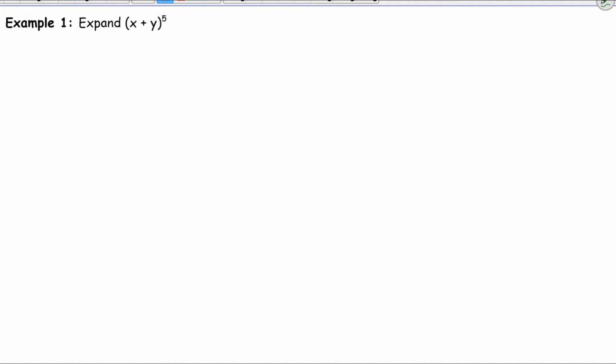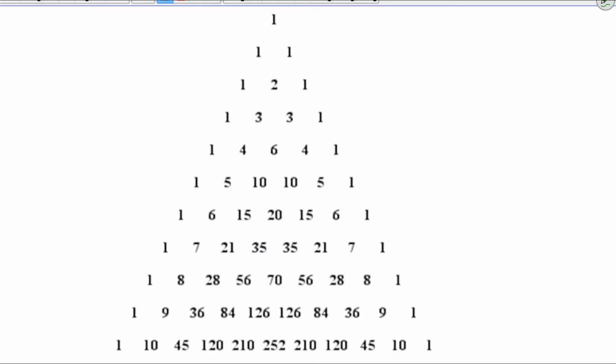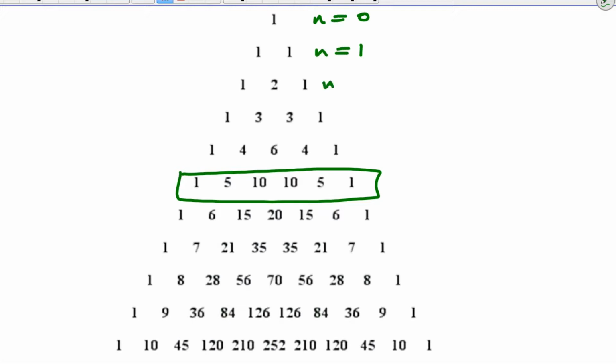The first step is to generate the coefficients. The coefficients that we need here are for when n is equal to 5. I'll just put up a Pascal's triangle. So when n is equal to 5, these will be the coefficients, because this is when n is equal to 0, n is 1, n is 2, n is 3, n is 4, and n is 5.